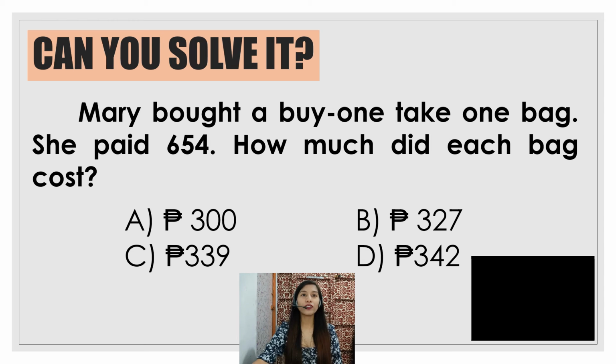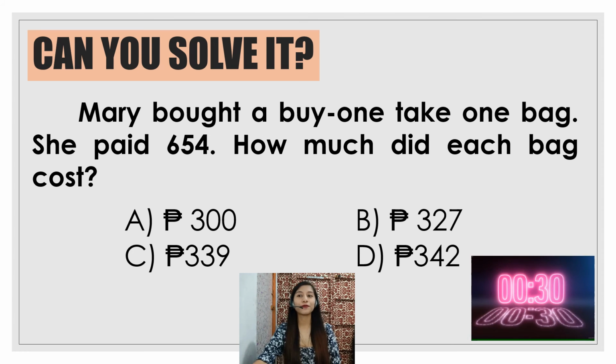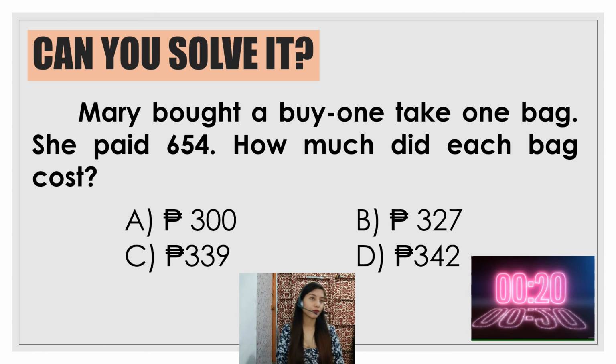Mary bought a buy one take one bag. She paid 654 pesos. So how much did each bag cost? You have 30 seconds in answering this one. Timer starts now. T minus 30 seconds. T minus 20 seconds.